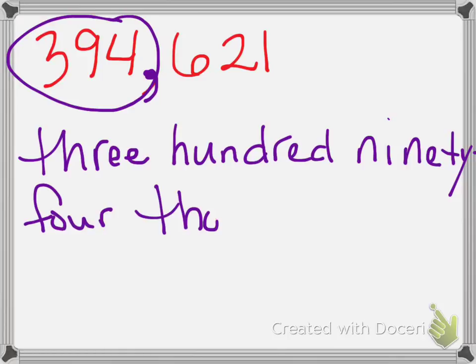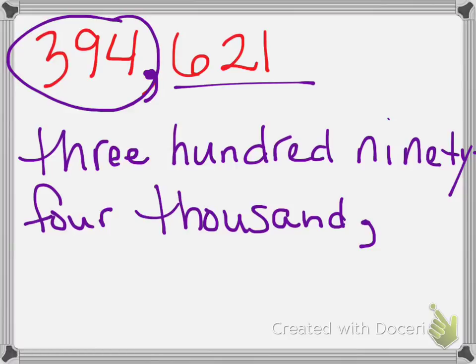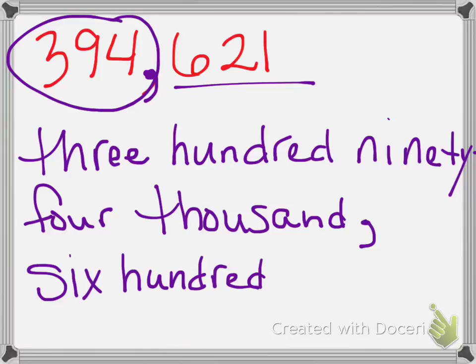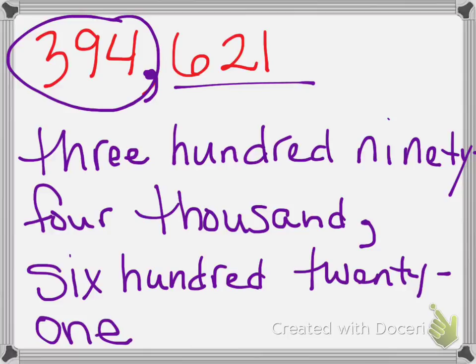And you have to write out thousand, and after the thousand the kids should know to put a comma. From there we need to do our ones period and write out 621. And again, putting a hyphen between your 20 and 1.